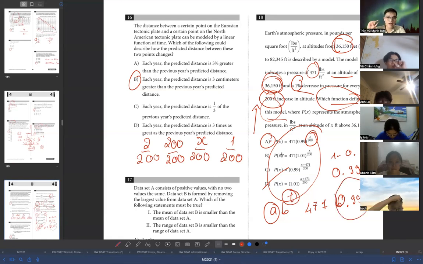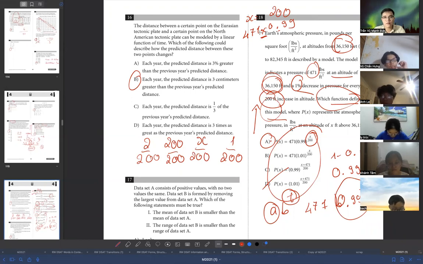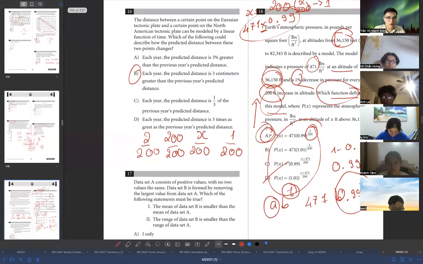So when X reaches 200, the equation becomes 471 times 0.99. Remember, this one is the American style: multiplication, and this one is the decimal point, so don't get mistaken with the Vietnamese style of writing. So 471 times 0.99 at X is 200. The only way possible is to divide X by 200 so that it becomes 1, and this equation comes to life. So it's A. It sounds very complicated, but it's not. Once you just get into doing it, it's very simple.